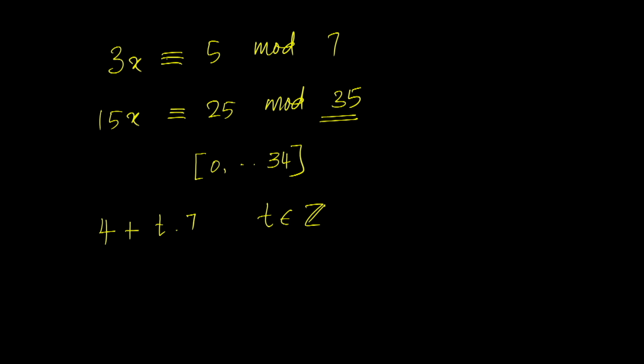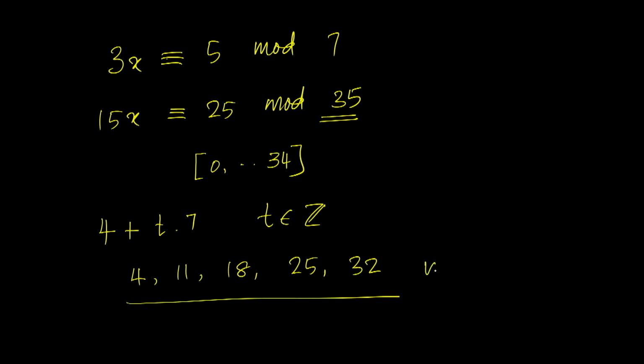So any integer of the form 4 plus 7t is a solution. So 4 is a solution, 4 plus 7, 11 is a solution, 11 plus 7, 18 is a solution, 25 is a solution, 32 is a solution. But these are the solutions in 0 to 34. So these are all solutions for 15x is 25 mod 35. So this way we find all solutions within the interval 0 to 34.